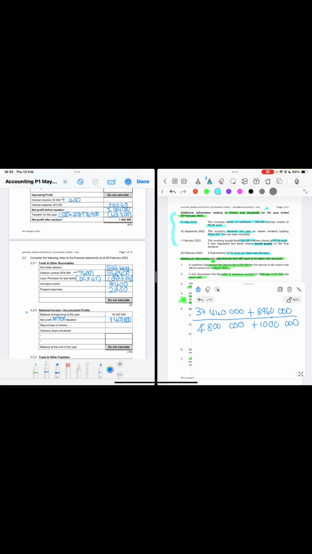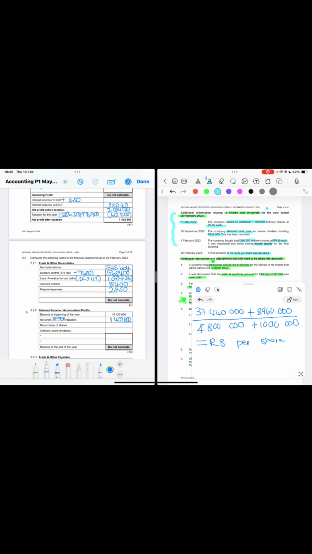At the top, 37,440,000 plus 8,960,000, divided by 4.8 plus 1 million, which will give us 5.8 million. And we'll get an average price of 8 rand per share.